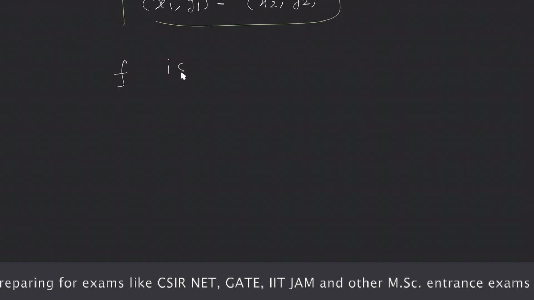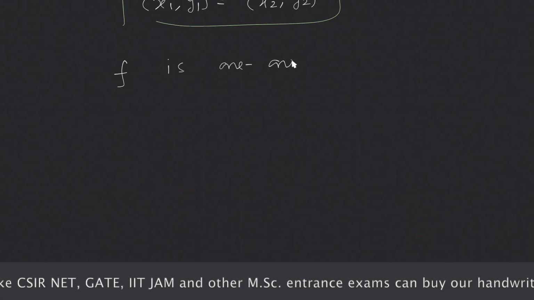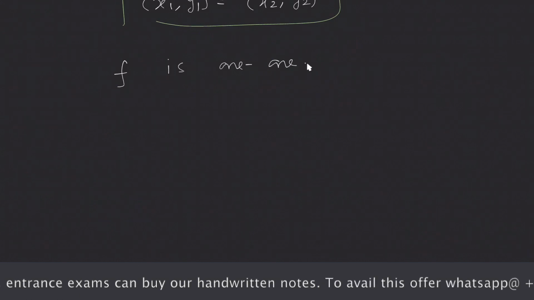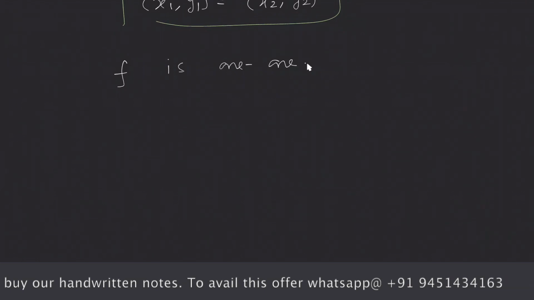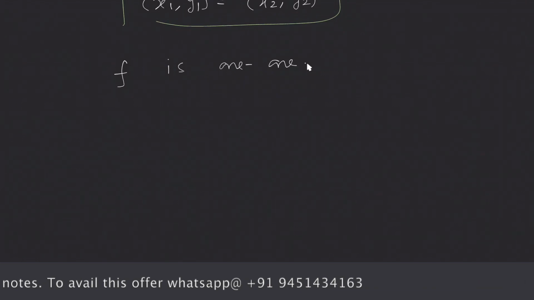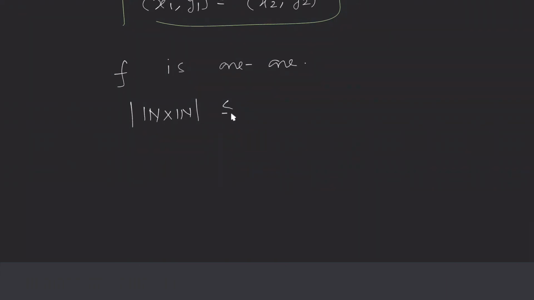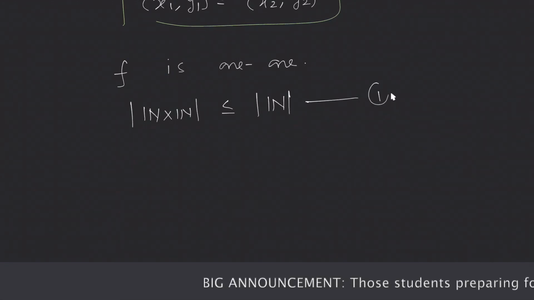So f is 1-1. We also know that if a mapping from domain to codomain is 1-1, then the cardinality of the domain, which is N cross N here, is less than or equal to the cardinality of the codomain. Suppose this is relation 1.